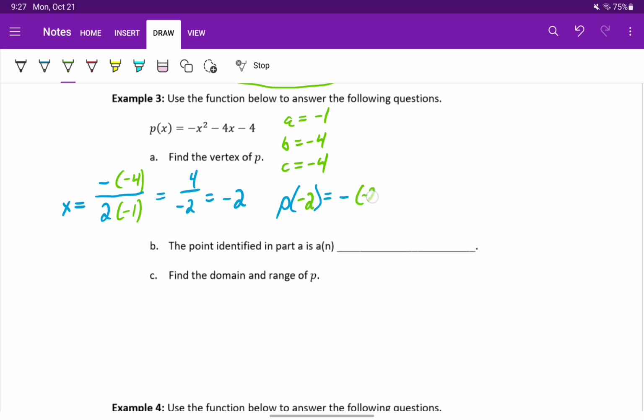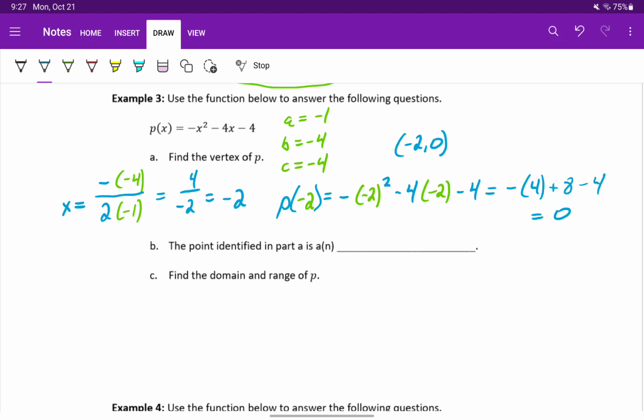To get the opposite of negative 2 squared minus 4 times negative 2 minus 4, which will give us the opposite of negative 2 squared, which is positive 4, plus 8 minus 4, or 0. That tells us that our vertex occurs at the point negative 2, comma 0.